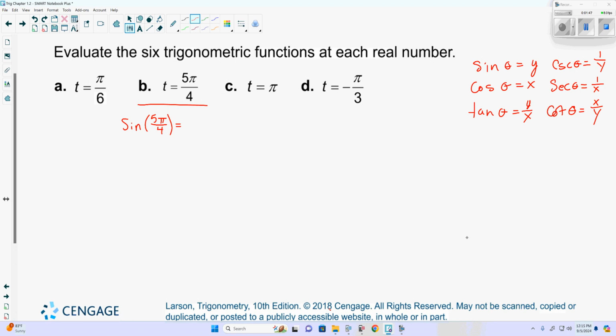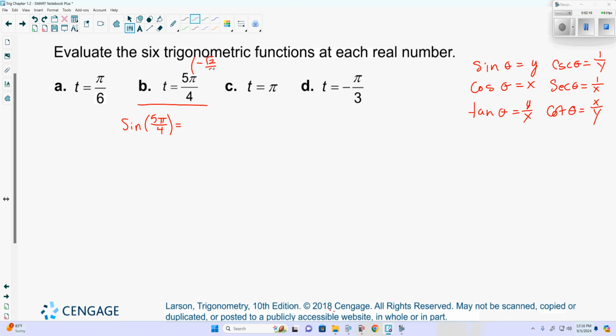Okay, so on your unit circle, are you able to find 5 pi over 4 on there? Negative square root 2 over 2, and I think so, because that's down in the third quadrant.